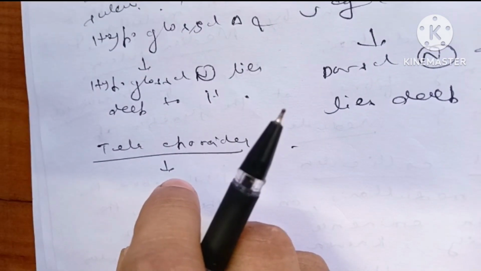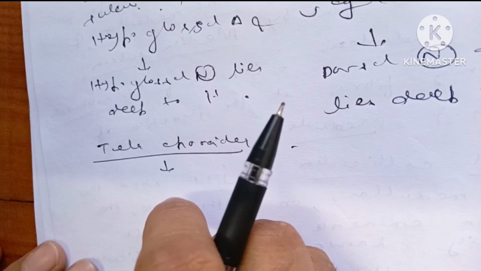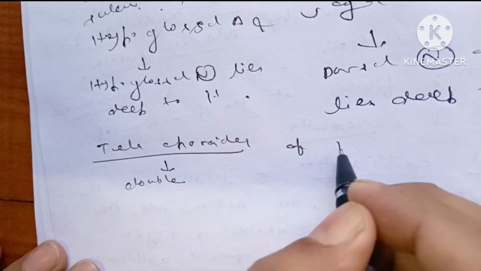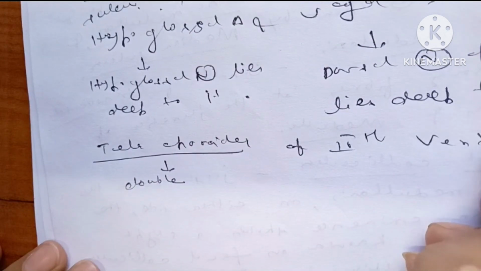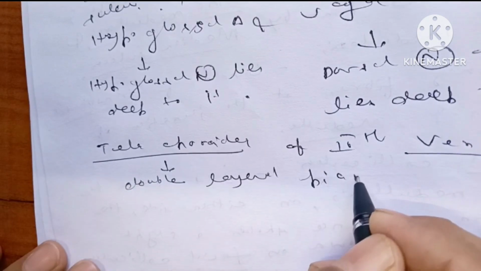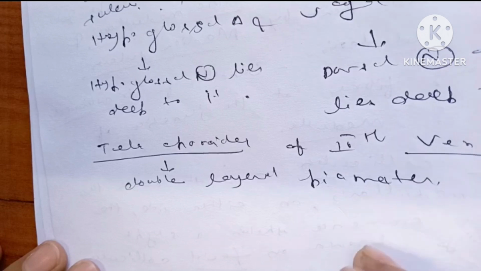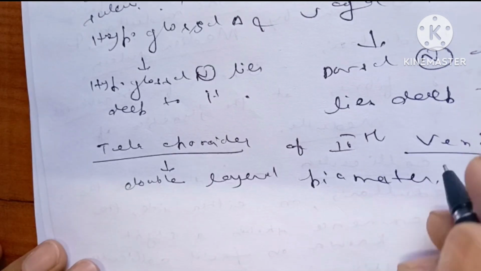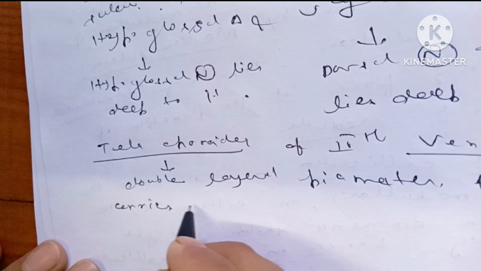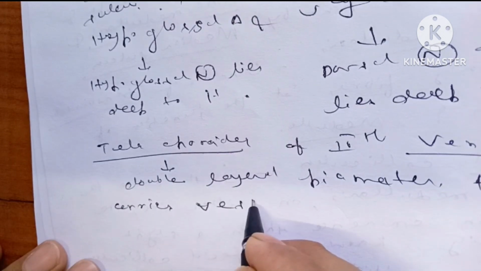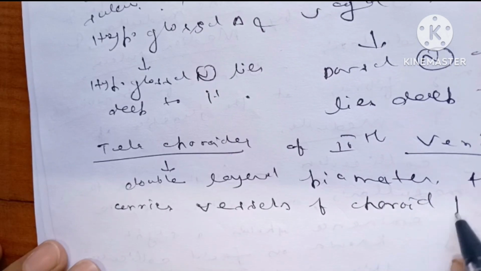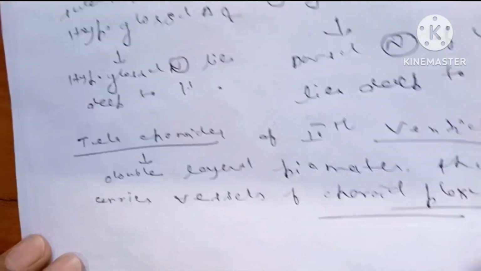It is a double layered pia mater that carries the vessels of the choroid plexus.